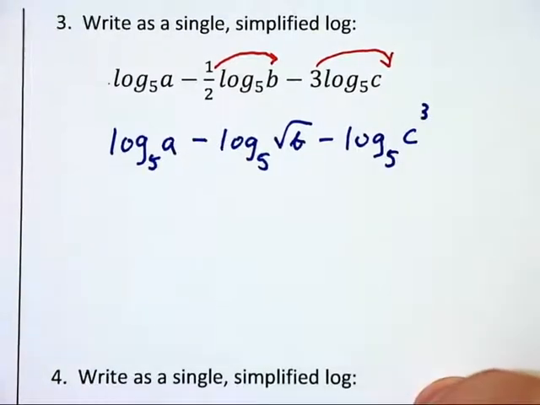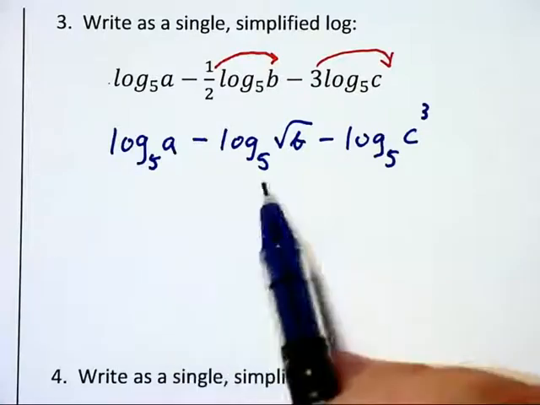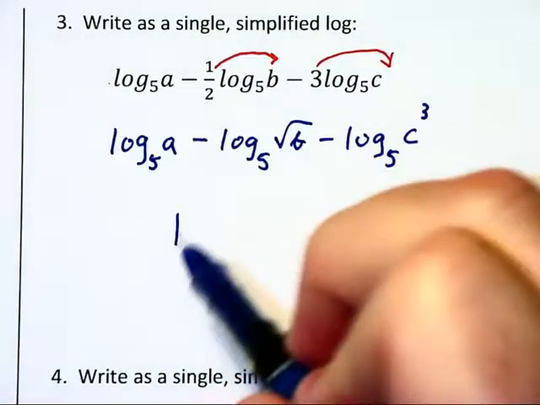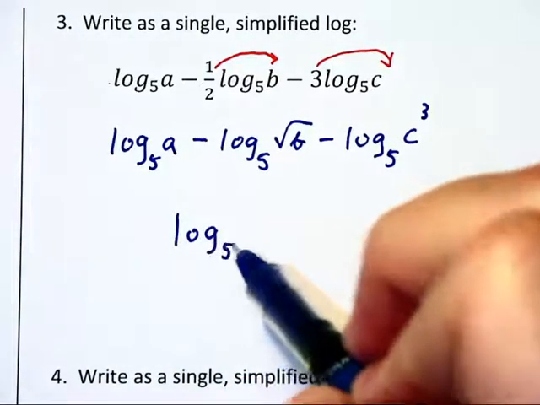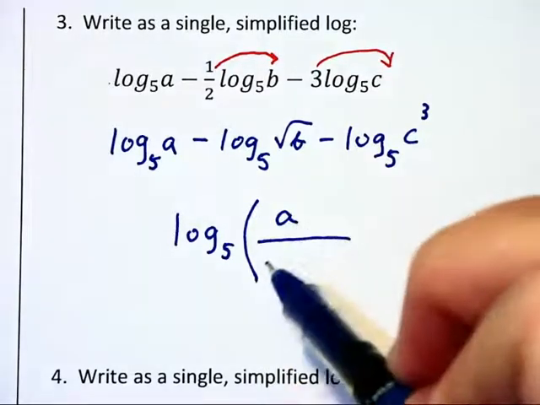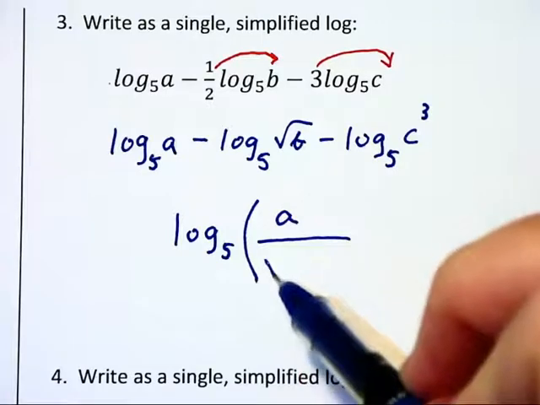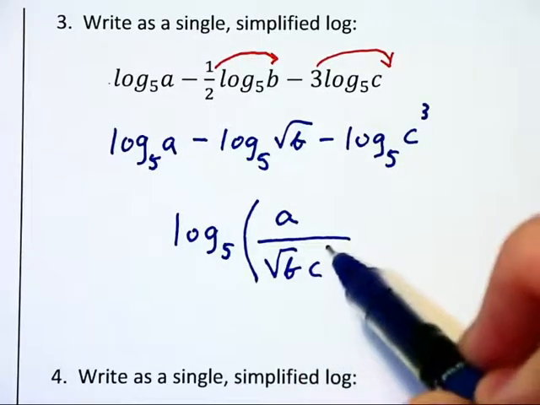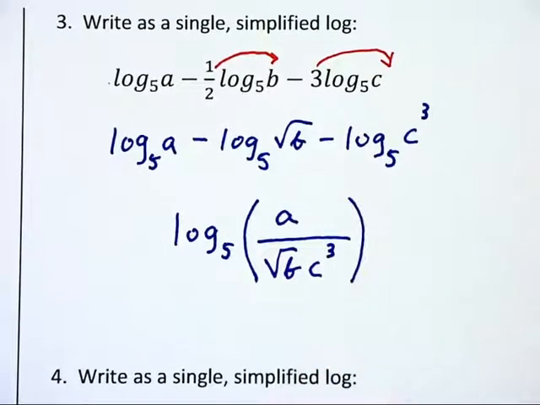Now, because I've got the same base in all of these, I can write this as a single log. Log base 5 of, well, a will be in the numerator. We're subtracting these other two logs, so root b and c cubed will both be in the denominator.